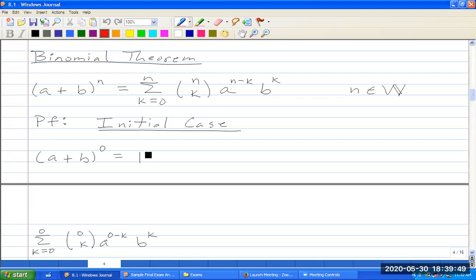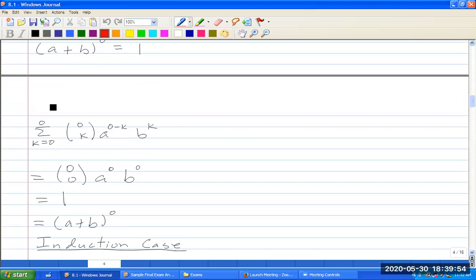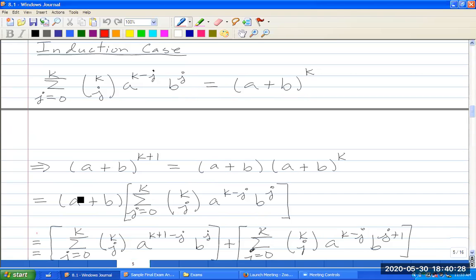If I let n equal 0 here, then the sum, k equaling 0 to 0, of 0Ck, a to the 0 minus k, b to the k, is, well, just 0C0, which is 1, times a to the 0, b to the 0, since k is 0. 1 times 1 times 1 is 1. And so I've shown that these are equal. And so the initial case works.